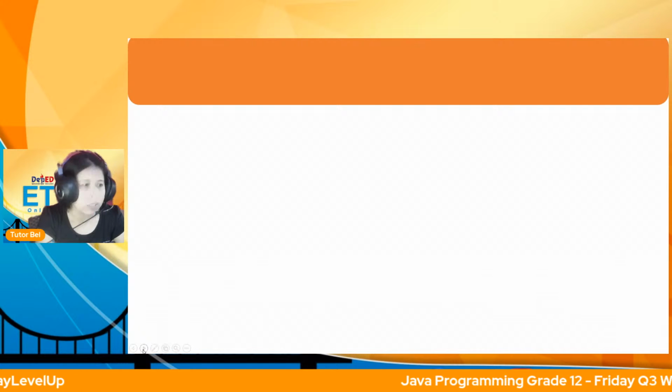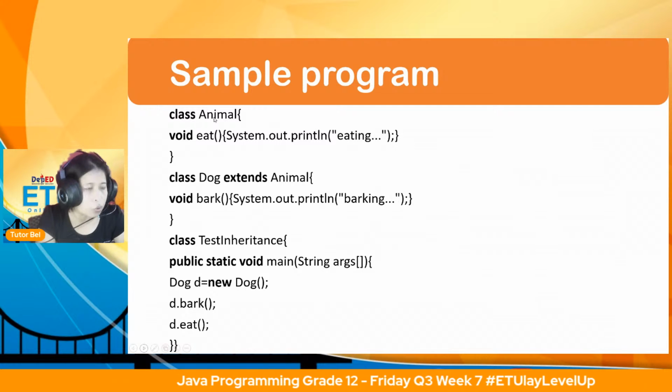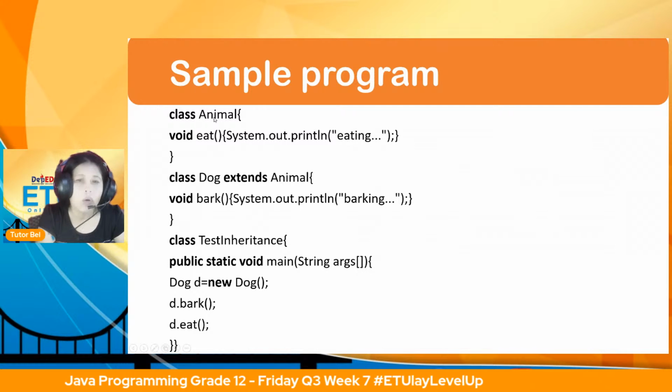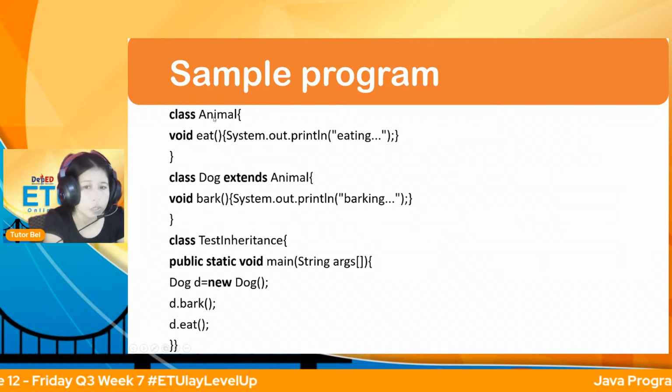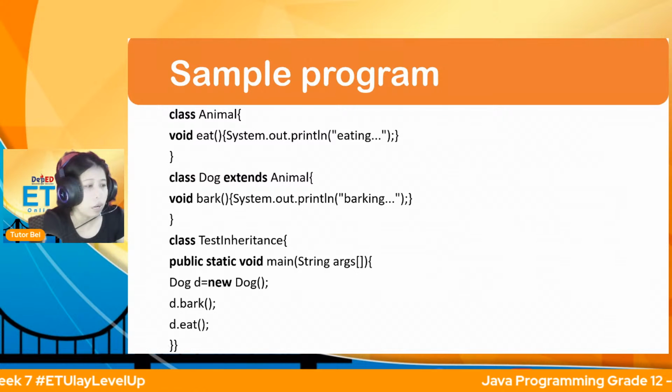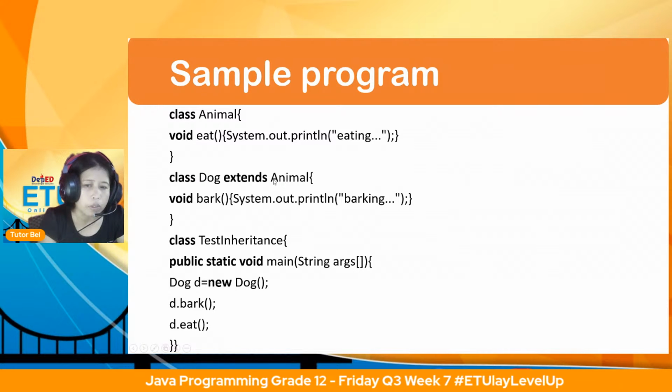Okay, so this is another example. Meron tayong superclass na Animal. So ang alam natin sa animal, an animal could eat. Yun yung ating method. Nung in-extend natin yung Animal, so Dog. Okay?